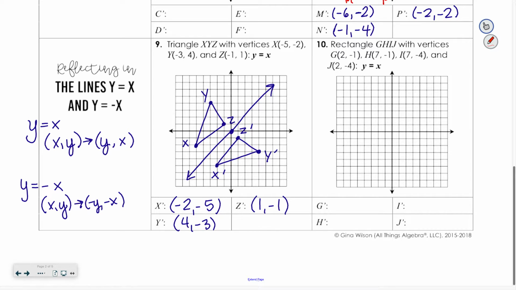So I would like for you to do, I think it's 11. Yes, let's do 11. But I'm going to leave this for a second while you're writing that rule down. And 11 is reflecting over y equals -x. You still draw the same line to the middle. That's y equals x. We're doing y equals -x. That means my slope has to be negative.